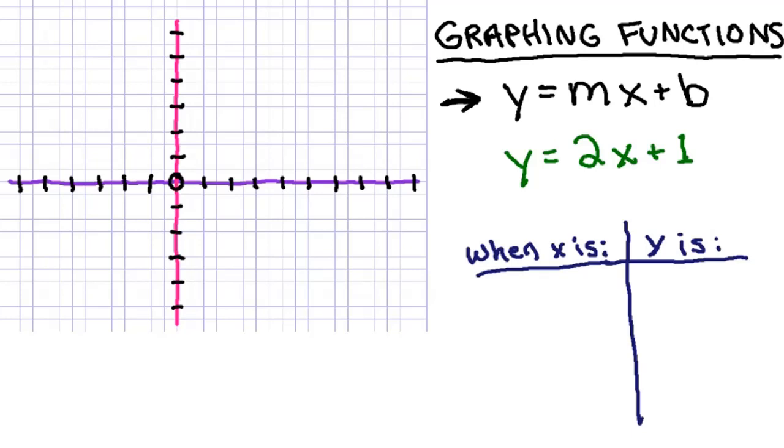If we have a problem like y equals 2x plus 1, what we're going to do is try to find out what the y is by plugging in different numbers for the x. If you look at this table down here, when the x is a certain number, and we're just going to choose the numbers, then y is another number.